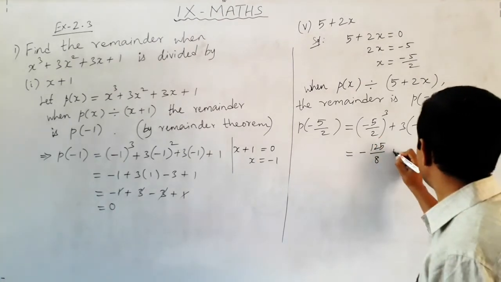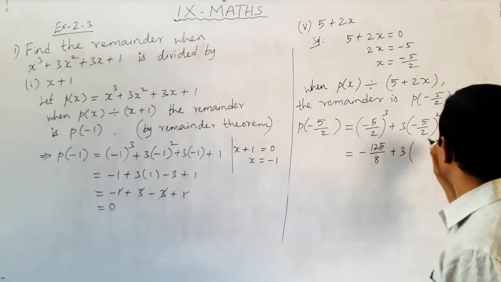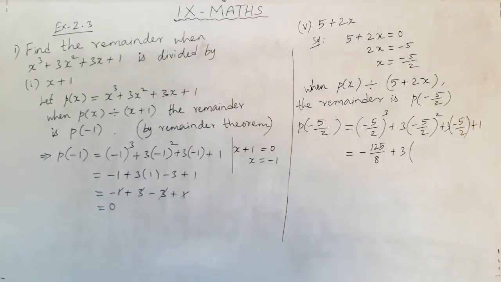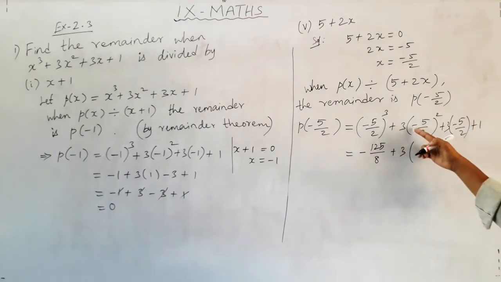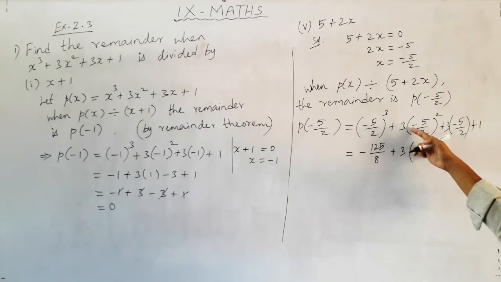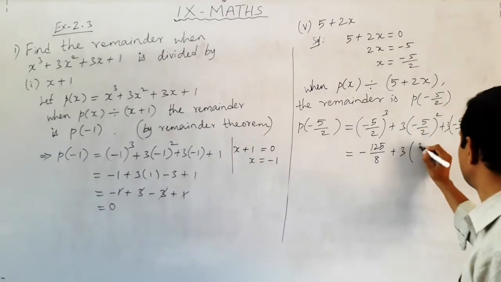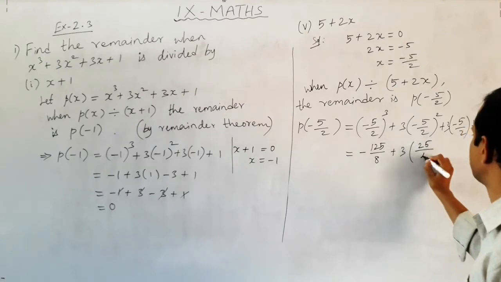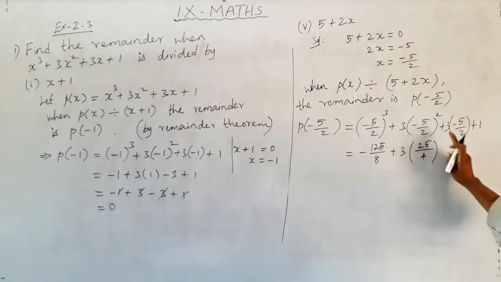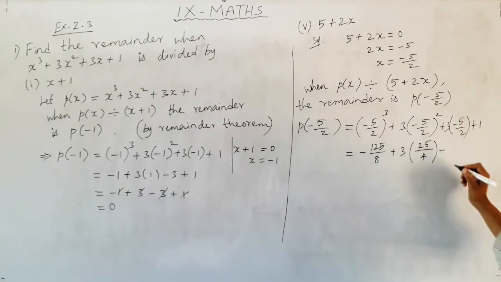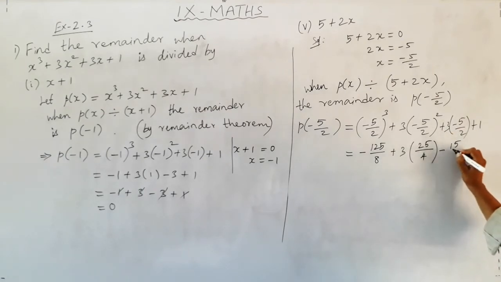And then plus 3 into minus 5 by 2 whole square. If you apply square for minus, what do you get? Plus. So you leave it. And 5 square becomes 25, and the denominator 2 square becomes 4. And here plus into minus, minus 3 into 5, 15, and then by 2, plus 1.